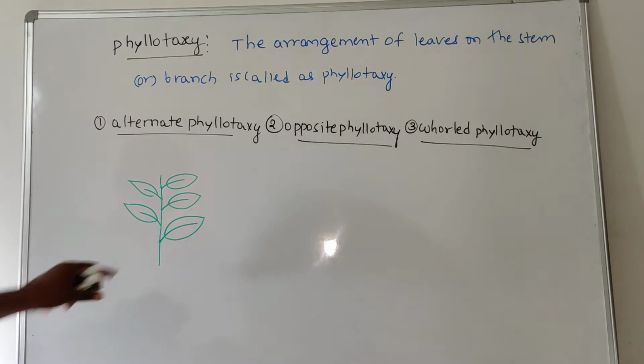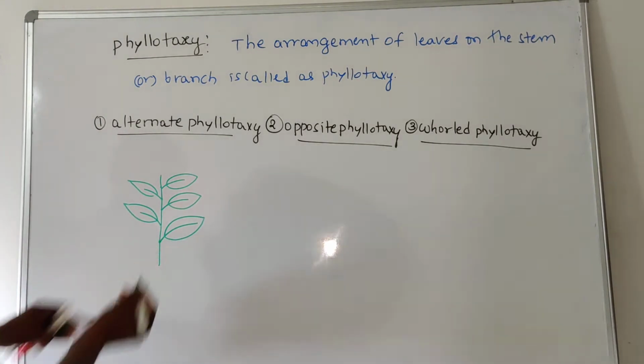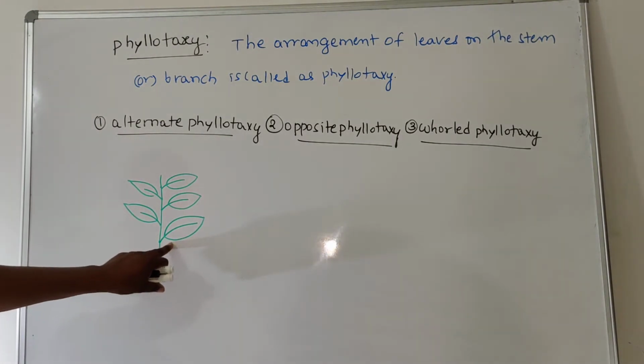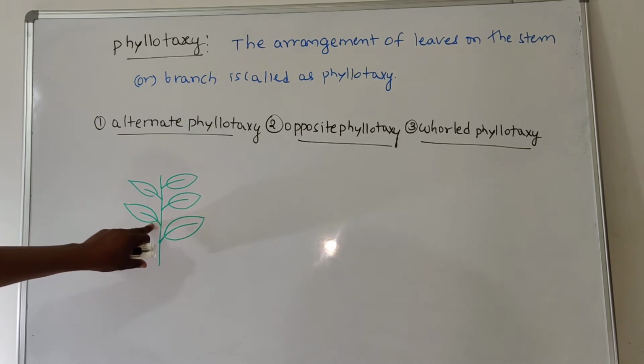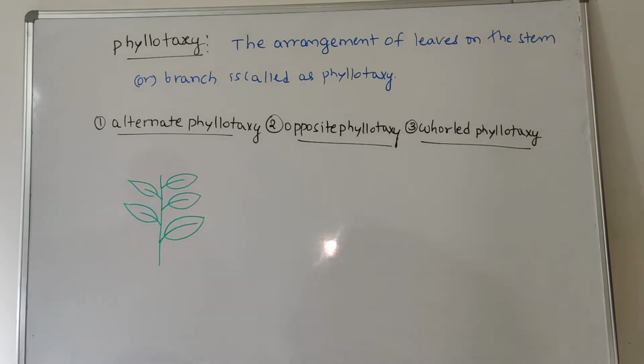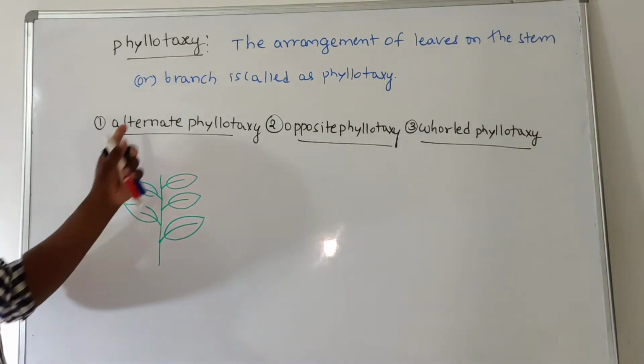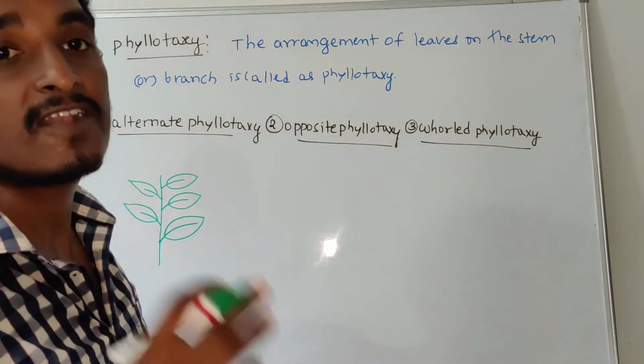Again it will produce another leaf in this direction, another leaf in this direction. So this type of arrangement is called alternate phyllotaxy.